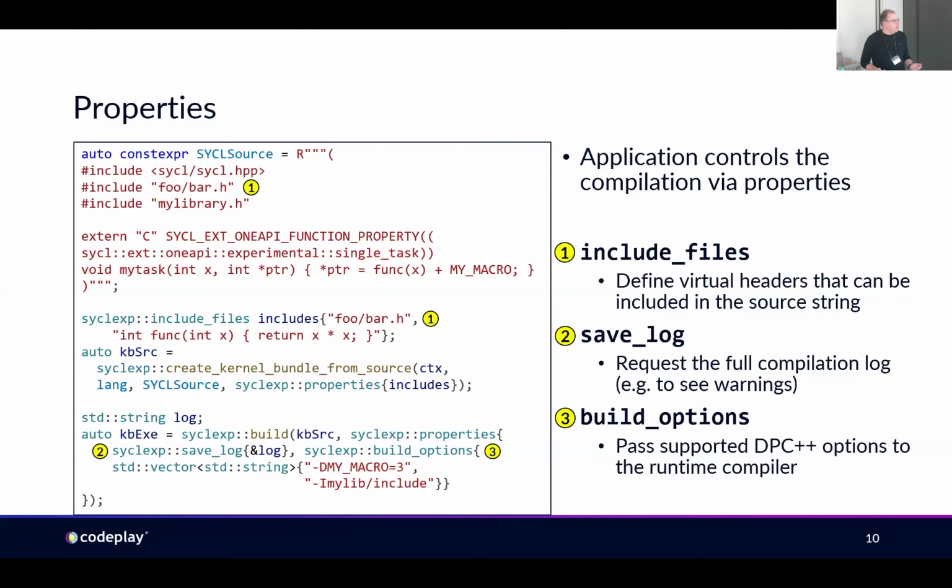For example, setting a macro in the source string, or also quite interesting, you can add include paths. So if you have a header only library, for example, on disk, then you can also just use an -I build option here to get your header files included into your runtime compilation request.